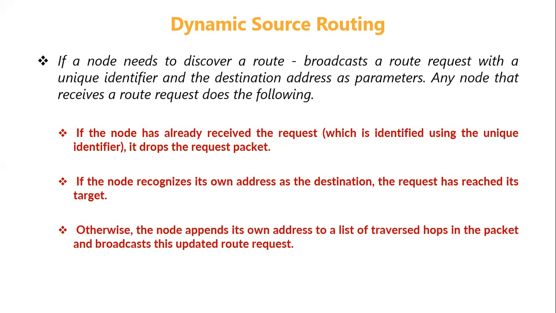Otherwise, if case 1 and case 2 are not satisfied, that is, if the node has not already received the request, and this node is not the destination node, then it will append its own address to the list of traversed hops in the packet and broadcast this updated route request.